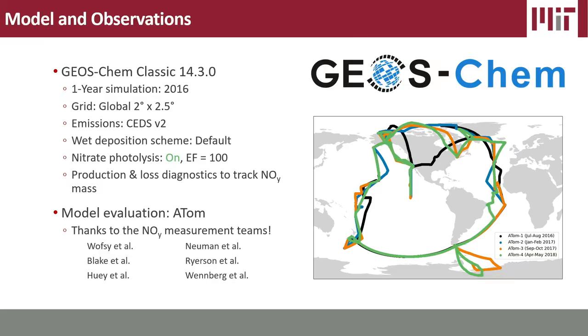The only real thing that we did was to add diagnostic tracers to track every NOy reaction, which was a lot of fun over the summer. And so that gives us a sense of how nitrogen mass is moving through the system from emission to deposition and everything in between. On the measurement side, we used data from ATom for 2 reasons. 1, so that we could evaluate our model's performance more generally, and 2, that once the model provides us with a budget, we have some sort of real grounding to contextualize what that budget looks like.